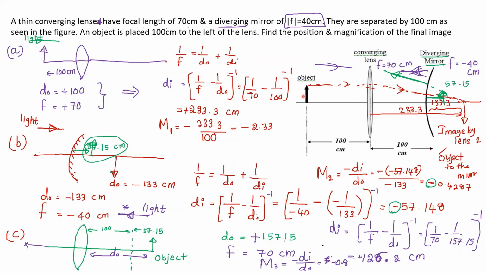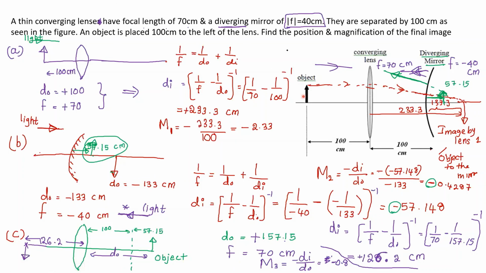So I don't have room, that's why I just wrote it like this. So you get negative 0.8, and that means your image is inverted again compared to the object. So it is here, 126.2 centimeters from the first lens, and it is upside down.